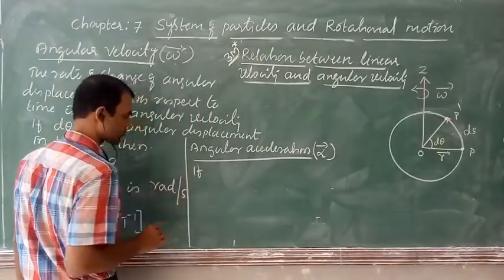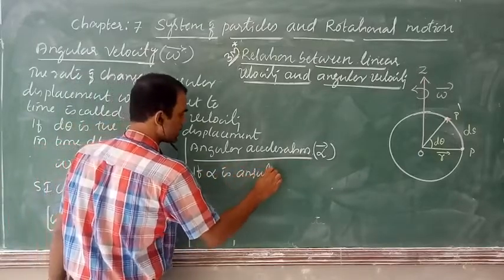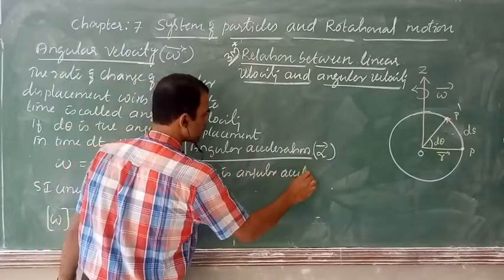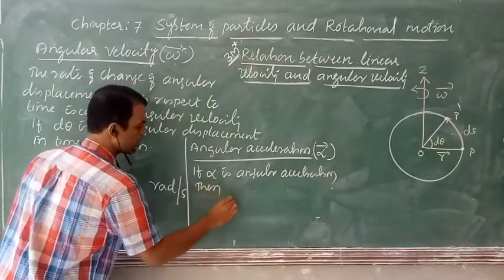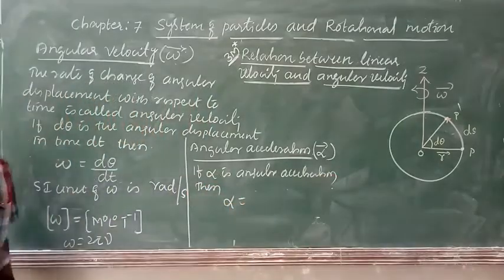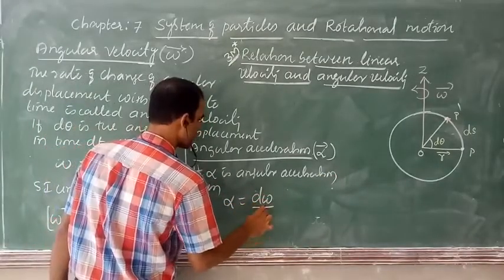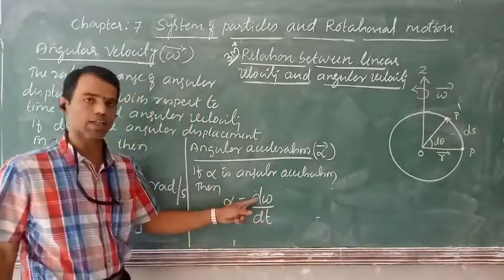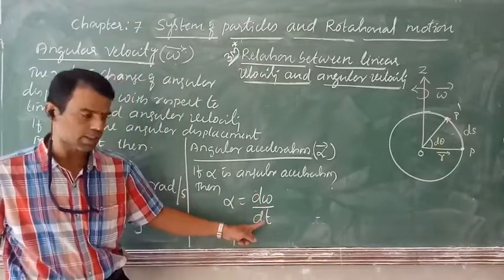So if alpha is angular acceleration, then alpha is equal to d omega divided by dt, where d omega is the change in angular velocity in a time dt.